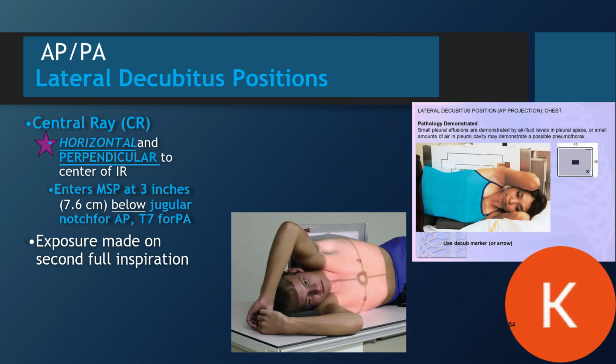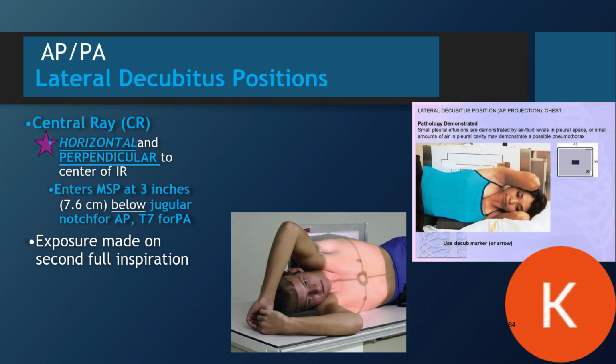Here is an example of a patient in a lateral decubitus position with arms extended up. The central ray is horizontal and perpendicular to the center of the image receptor, which is placed behind the patient. So on top here, we have a picture of a patient lying down. It shows the pathology demonstrated.